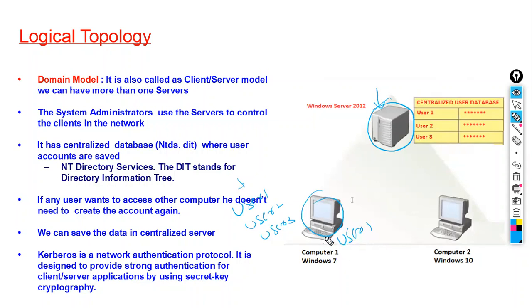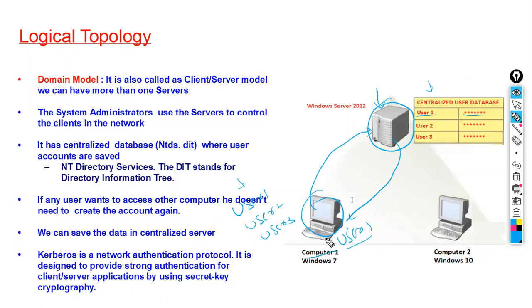He will log in, enter his username and password, and the request will go to the server. The server has the database. We have created the usernames and passwords on the server. So the server will check whether user 1 is available in the database or not. It is available and the password is also correct, then it will allow user 1 to use computer 1.